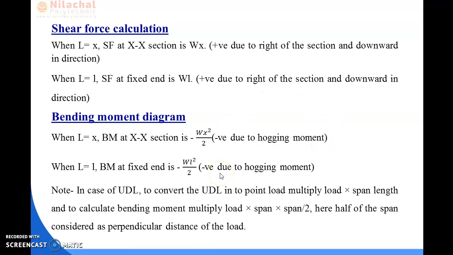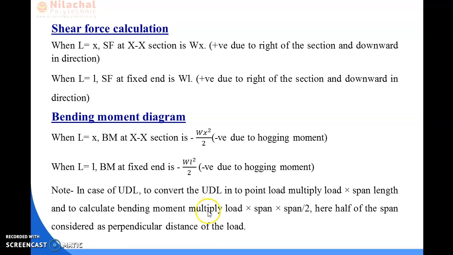So coming to the bending moment calculation, one thing you have to remember: you need to put a formula, as you can see here, to calculate the bending moment in a cantilever beam having UDL. It is applicable for the UDL case only.